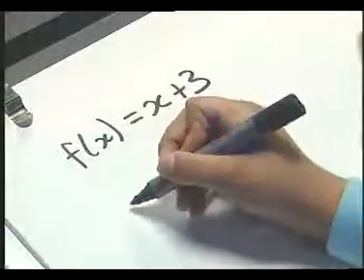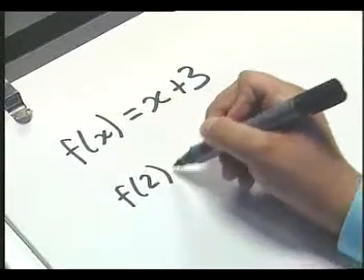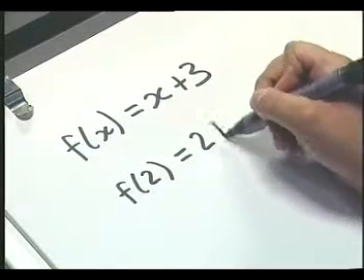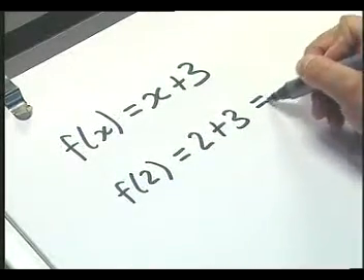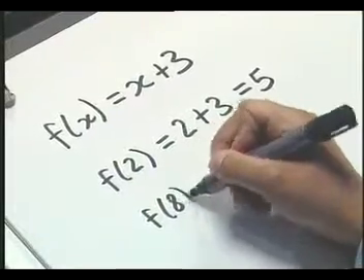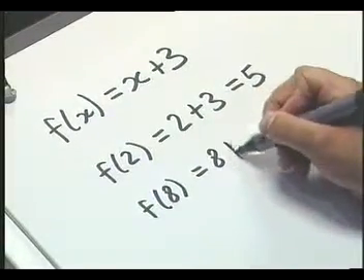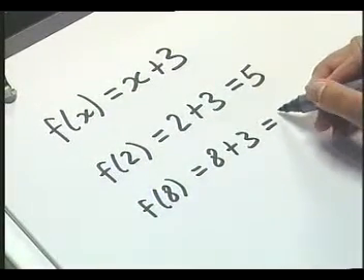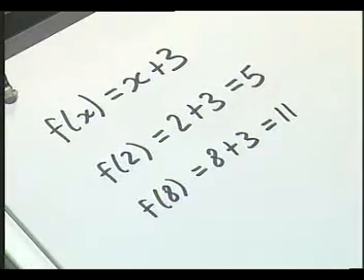Now suppose I had an argument of 2. I could write down f of 2 equals 2 plus 3, which gives us an output of 5. Suppose I had an argument of 8. I could write down f of 8 equals 8 plus 3, which gives me an output of 11.